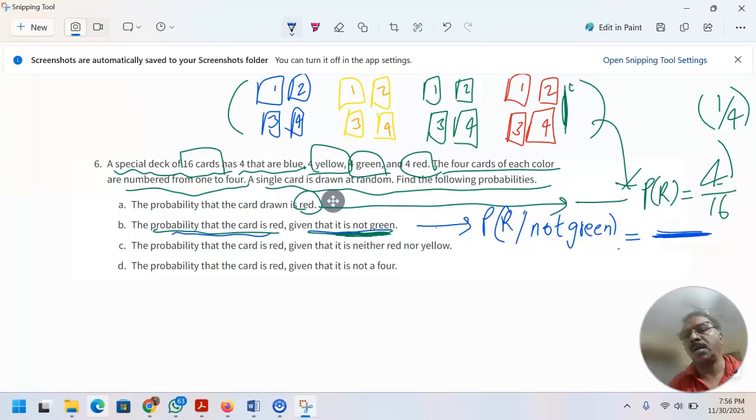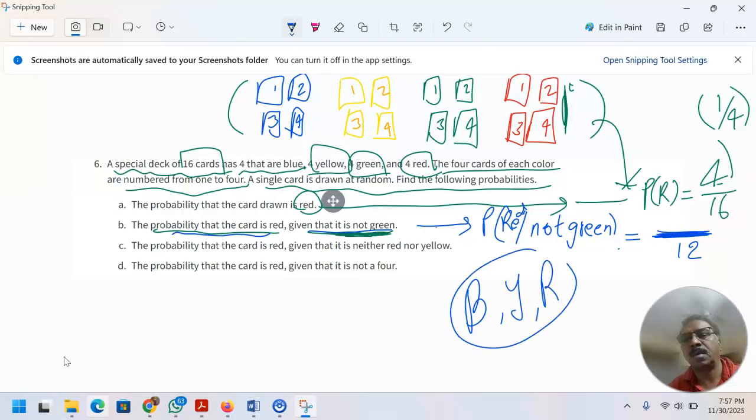So if it is not green, it can be yellow, red, or blue. That means there are 12 cards. So not green could be blue, it could be yellow, it could be red. Each one has 4, 4, 4, and you can see these are 4 red. So that goes right here. So this is 4 divided by 12, which is 1/3.